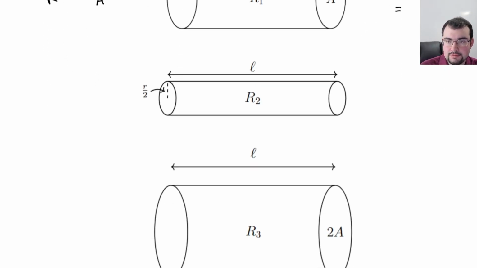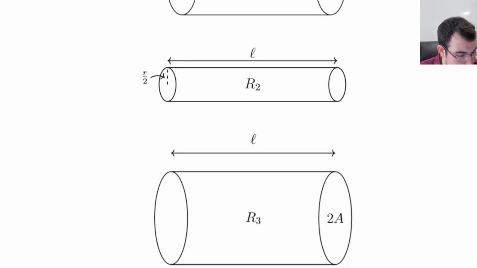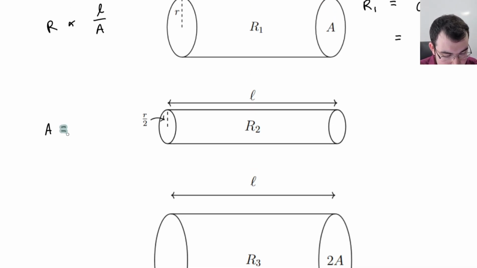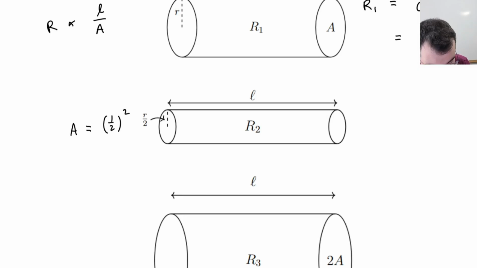What about 2? Well, for R2, I actually don't know what A is yet, so I can just say that A is going to be equal to, well, I halved the radius. So this area is going to be 1/2 squared, which is going to be 1/4.